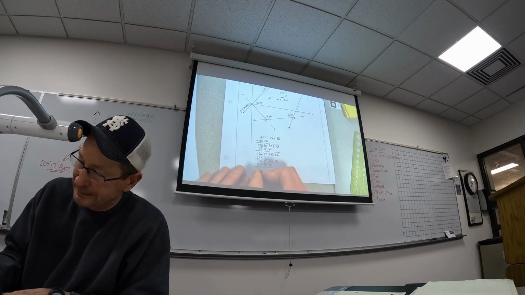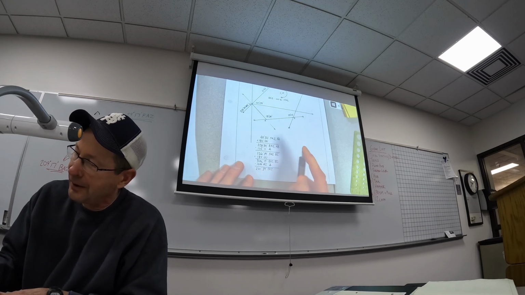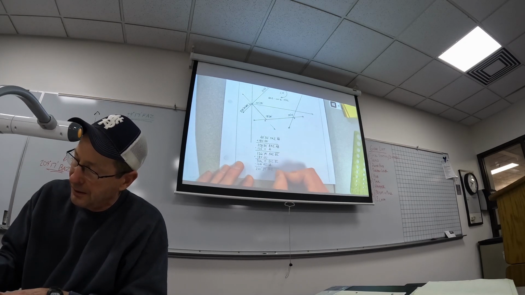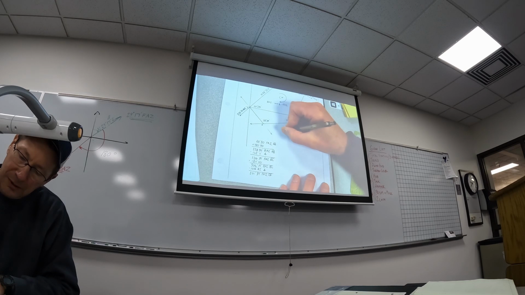I like it. 201.37. And that is what now? That's the forward azimuth of C to D. We can put that right here. 201.